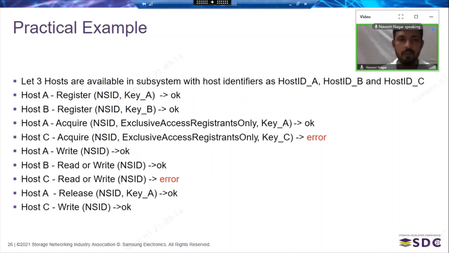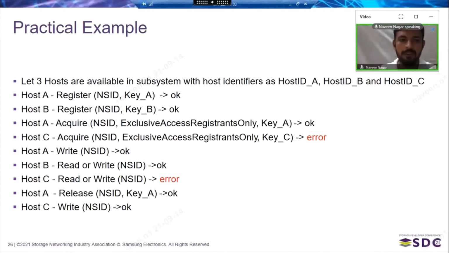Now host C wants to acquire a reservation on the namespace and the reservation type is the same. In this case, the device will return an error, that is reservation conflict, because host C is not a registrant for that particular namespace.